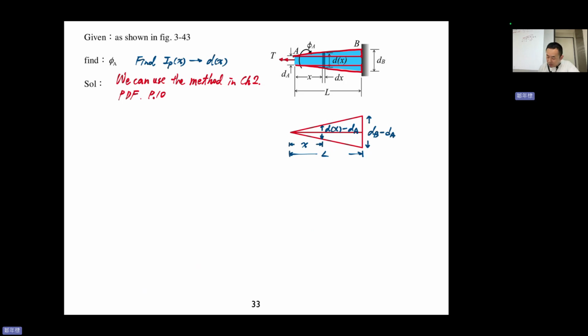Okay, and if you can understand this, we can use similar triangles again.